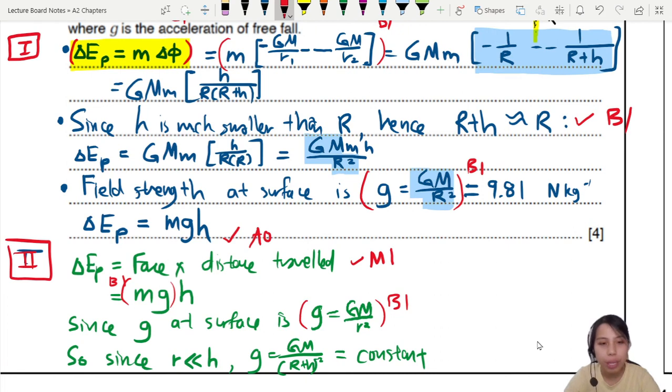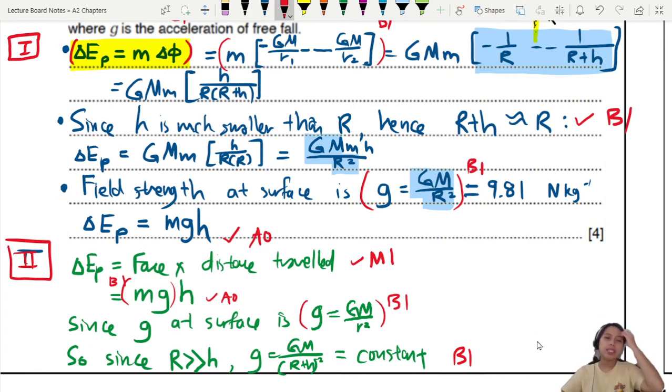And lastly, if you manage to get mgh, that's an A0 mark to show you got it. One final point here will be saying that since the radius of the Earth is much bigger than h, we ignore the h and just put GM over r squared. So this is a final mark to compare the relative lengths of all these things.